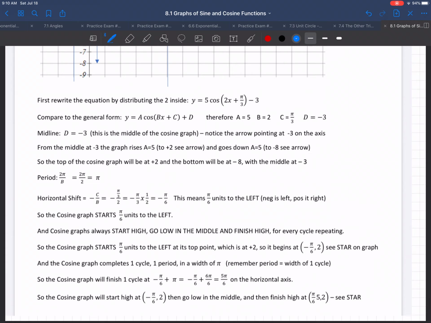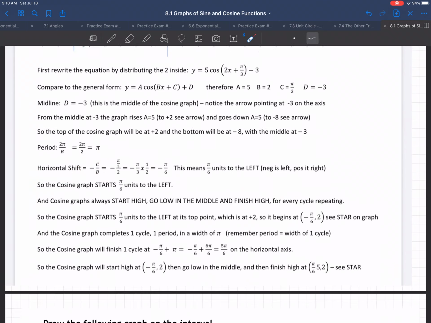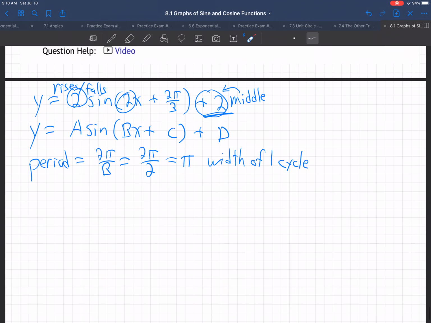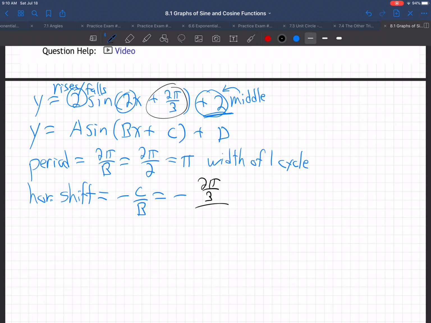Next, we go for the horizontal shift, which is minus c over b. So horizontal shift is minus c over b, minus, and then c right there, 2 pi over 3 over b, which is 2.